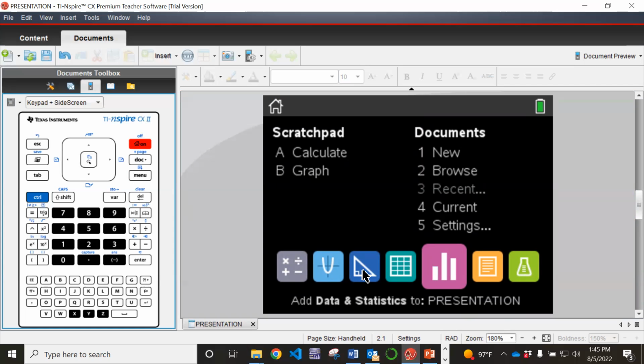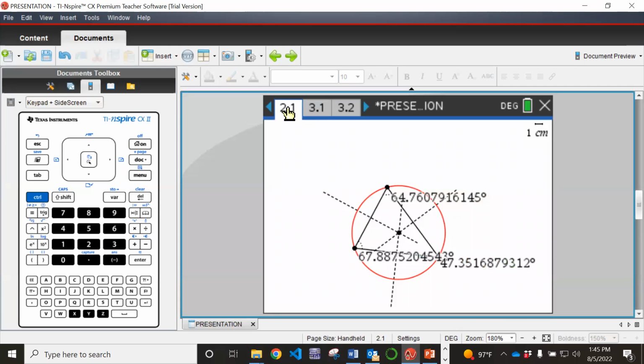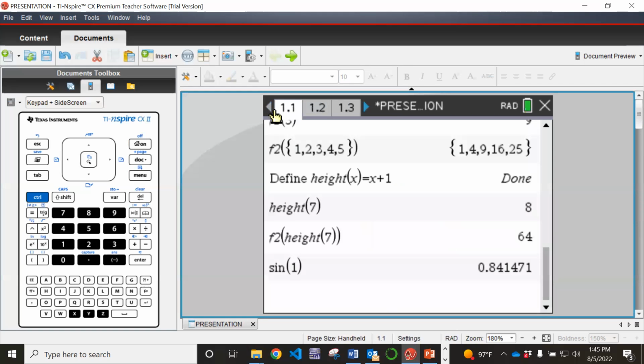All right, I'm going to go back and show you another piece here because I've actually set mine up this way a little bit. So I'm going to go back into my current document. What you'll notice is these 2.1, 3.1, 3.2, these are different problems.